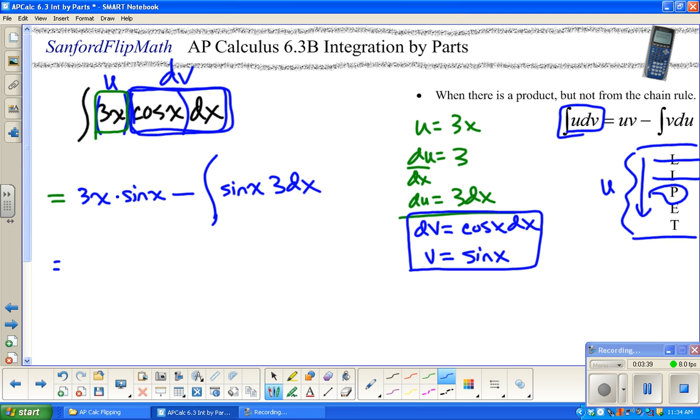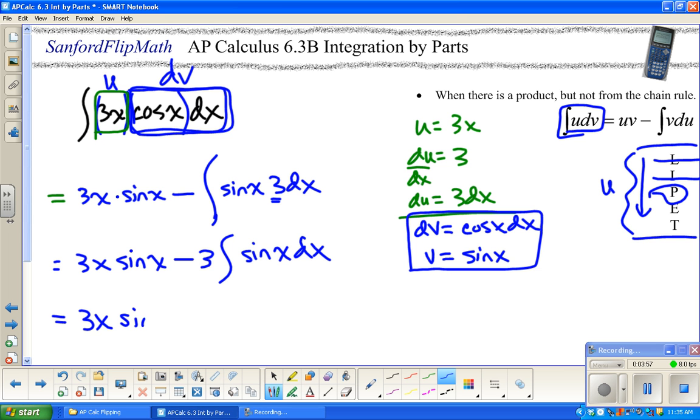Okay, I'm going to rewrite this one more time, and then we'll do another antiderivative. So 3x sine x minus, I'm going to bring that 3 out front because I can take a constant out. At this point, now I can do this last antiderivative because it's fairly straightforward.